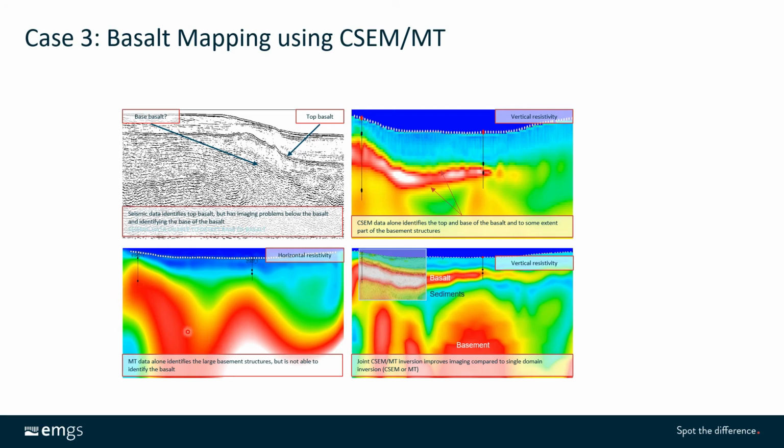And MT is more sensitive to the conductor, so MT alone is also not able to explain this. But when you join the CSEM and MT together, then you can see the basalt has been imaged pretty nicely. And this is the seismic section; only a small area seismic section was available with us while doing this study. So it has been imaged quite nicely, and it gives us a very good result.